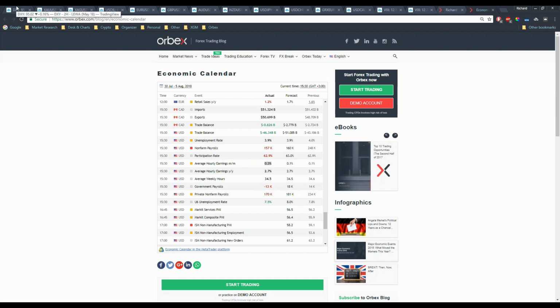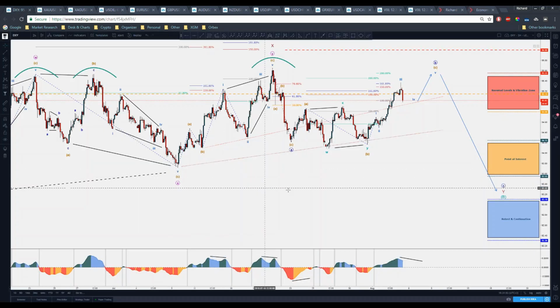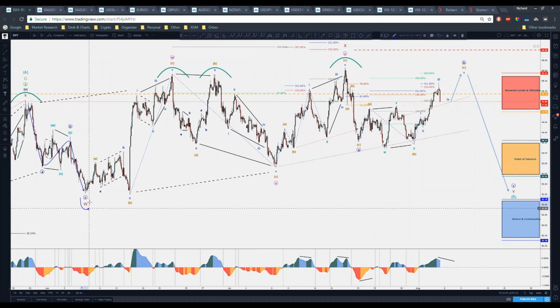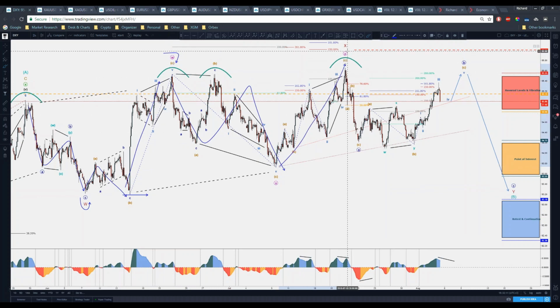So if we do take a look back on the US dollar, on the 2-hour time frame. Now, how I'm labeling this entire correction, of course, is as an ABC, W, with a false breakout right here in this B, and then an ending diagonal on this C. So W, X, Y, right?